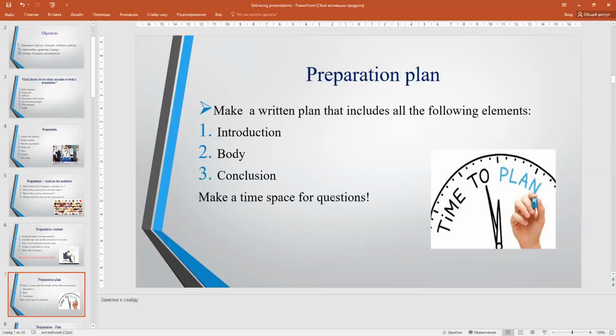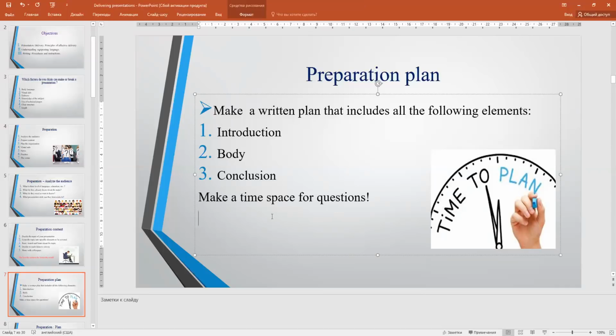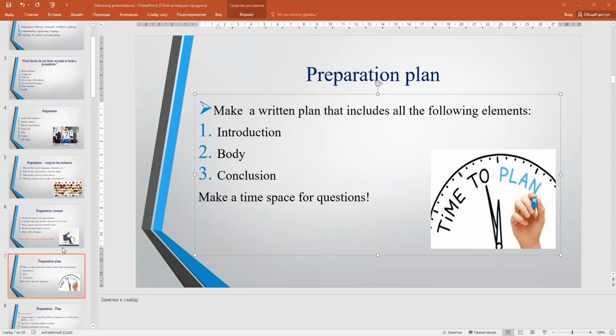Make a time space for questions as well, because your audience may have questions while you're presenting. If you follow this order, your presentation will be good and match the needs of your audience.